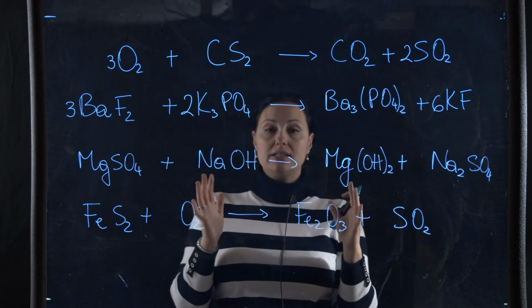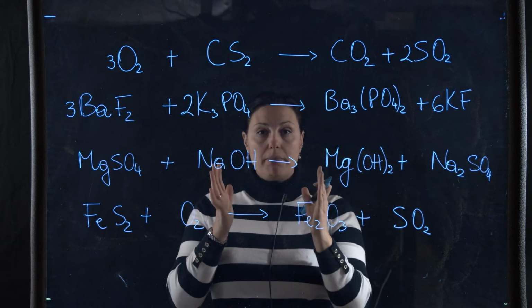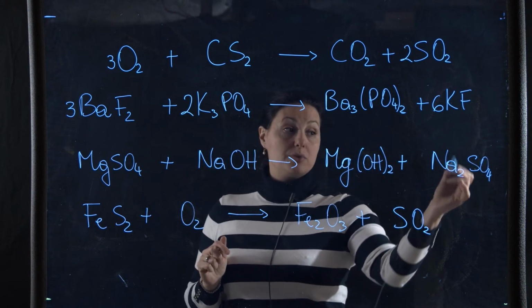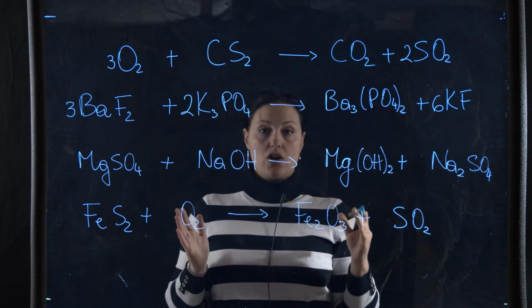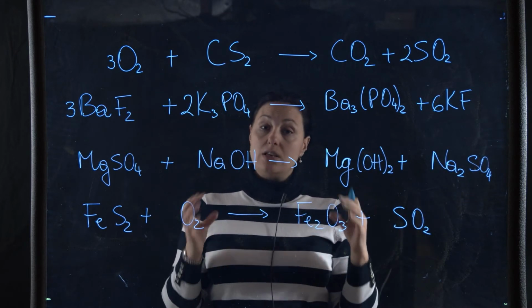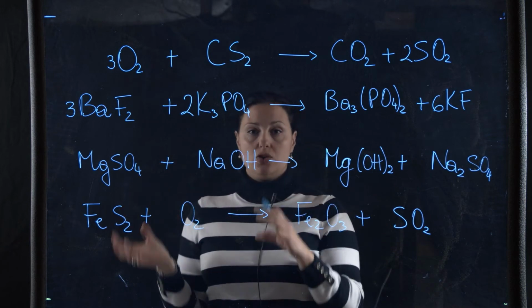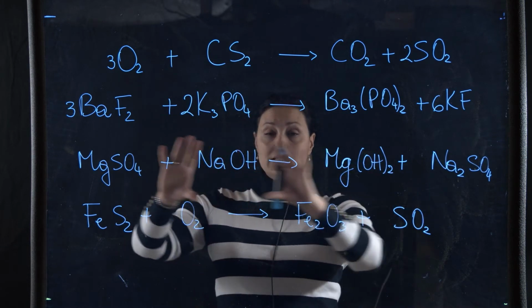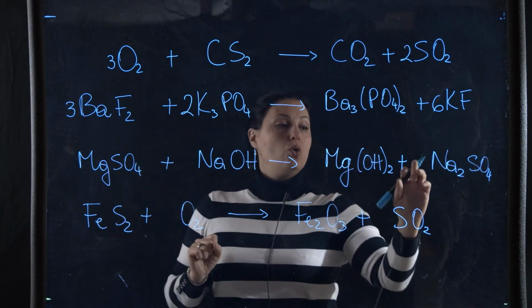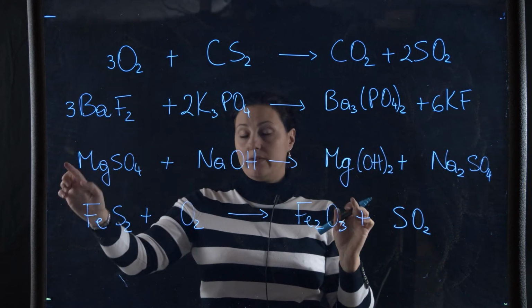So when we write formulas for one compound, we manipulate subscripts to make the charges on the ions, positive and negative ions, equal 0, the total positive and the total negative charges to balance out. When we balance chemical reactions, we look at the coefficients only.